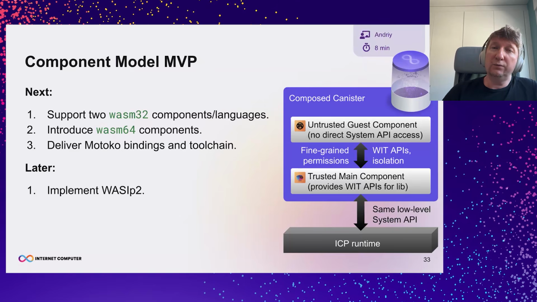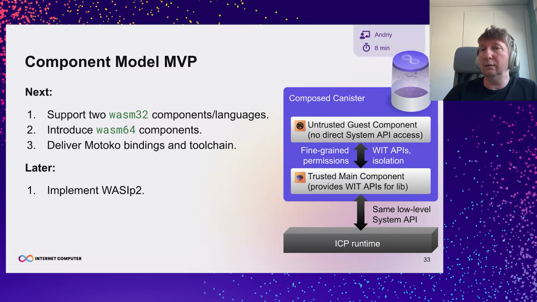Then we would add support for 64-bit components, and in parallel to this core platform effort, we will also bring WIT bindings to Motoko and adapt our SDK to support components. Later, we will look into providing WASI Preview 2 support.